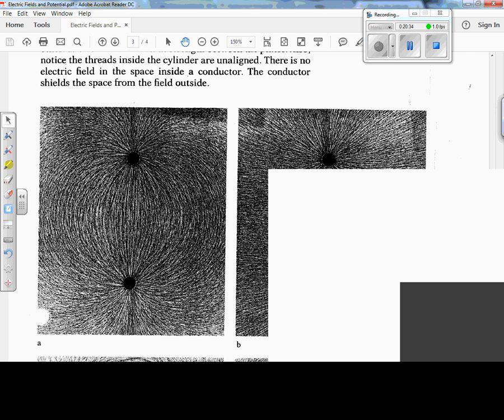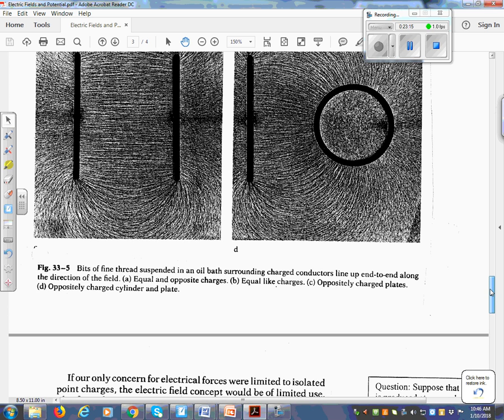How can I say that there's no field? It's just kind of like there's no pattern, right? There's no lines. Just sort of all over the place. And I think there's a key at the bottom there that tells you the answers to those questions that I've just asked.